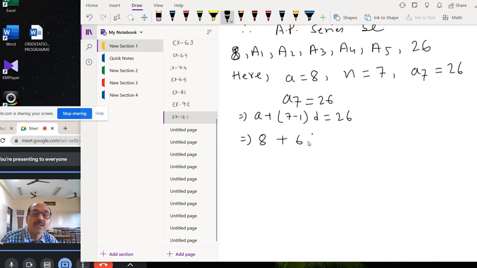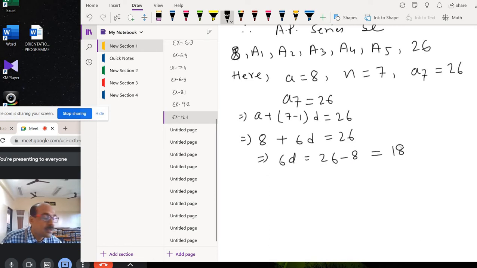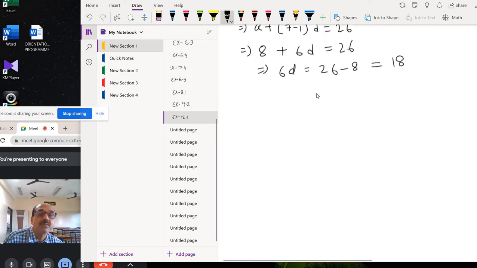So 8 plus 6d equals 26. Then 6d equals 26 minus 8, which is 18. So d is equal to 3.